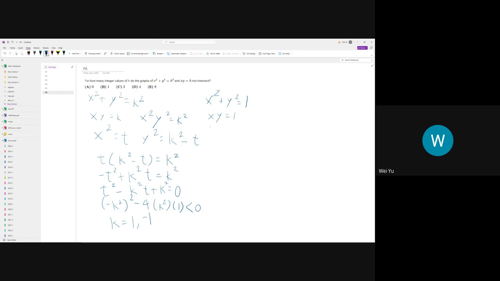If this had solutions, that would mean x squared minus 2xy plus y squared equals negative 1. But then (x minus y) squared equals negative 1, and that obviously isn't true. If we replace this with negative 1, then we have kind of the same story, but we just change some of the signs. So 1 and negative 1 are the solutions to this problem, and the answer is 2.